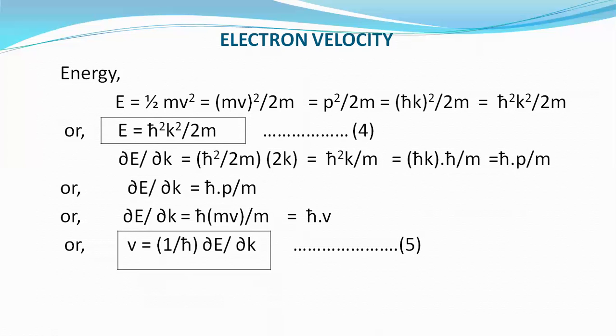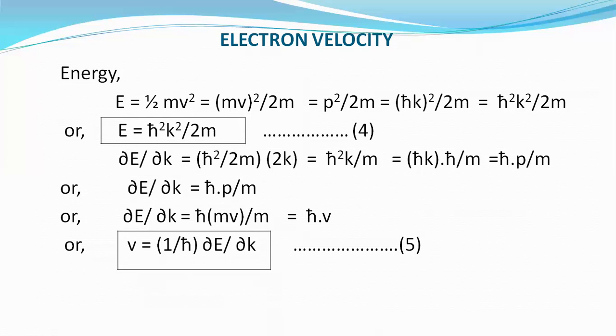If we differentiate this equation with respect to wave vector, dE by dk is given by h cross square upon 2m into 2k, which is equal to h cross square k upon m. So h cross k into h cross upon m, and you know h cross k is equal to p. So dE by dk is equal to h cross p upon m.